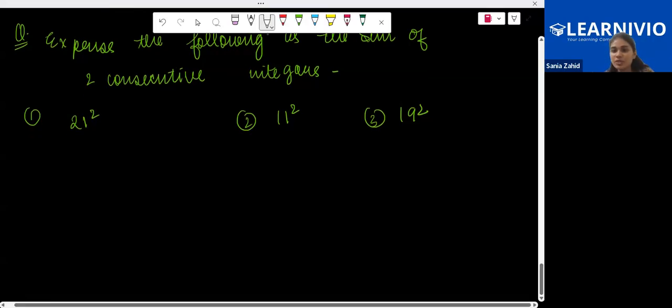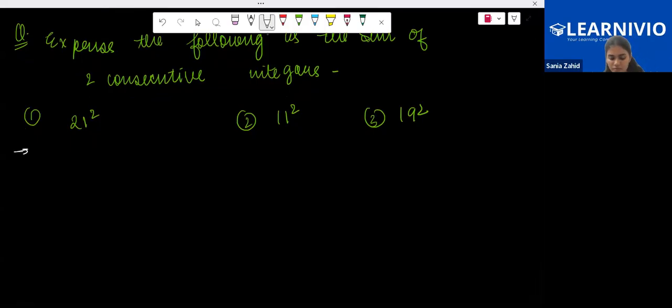Okay, so we come to the first question. Harleen, you can tell me the first one. Yes, ma'am. 21 square is equal to 441.